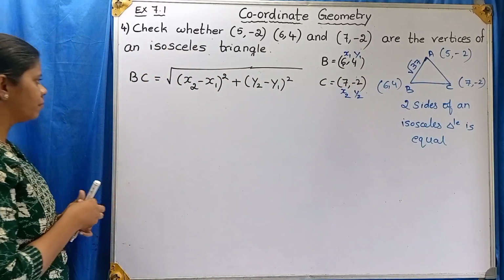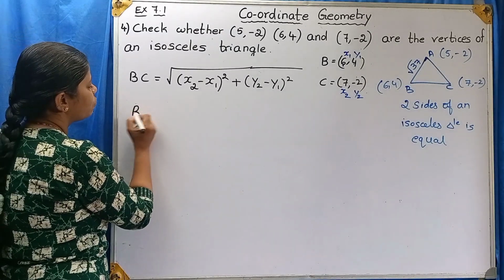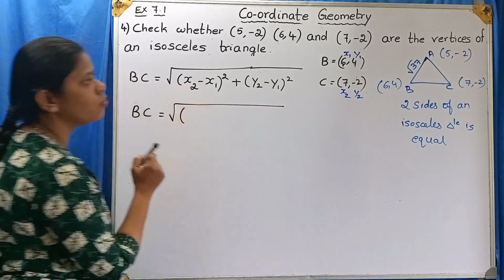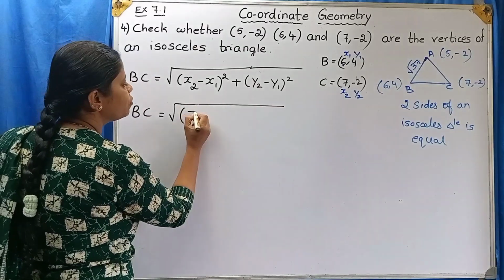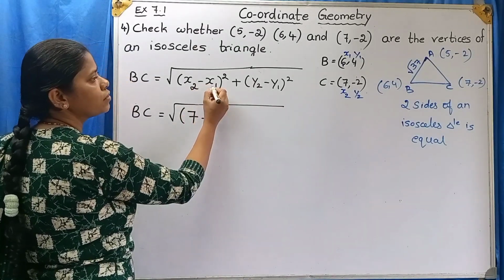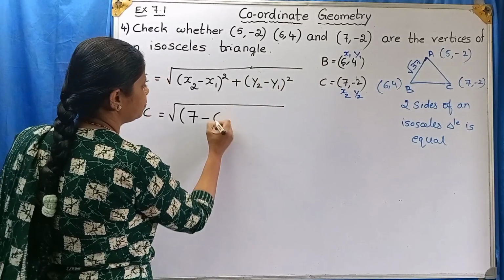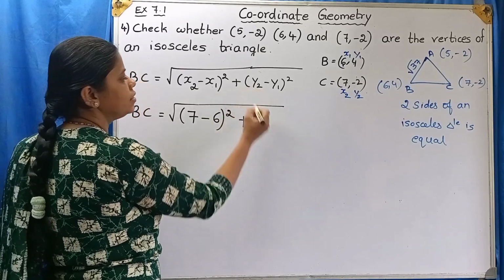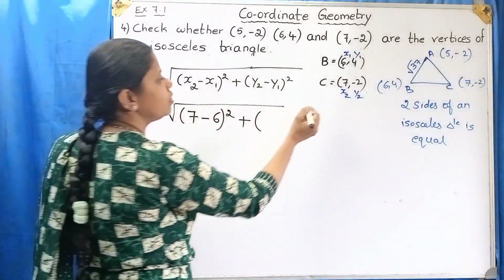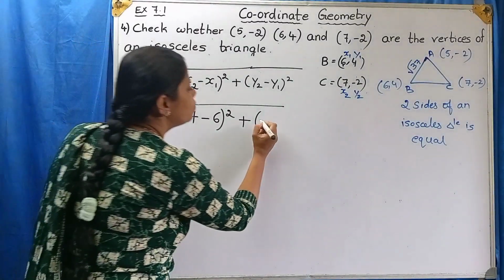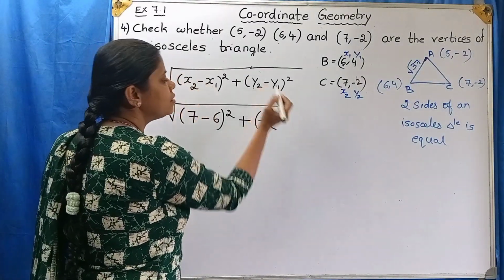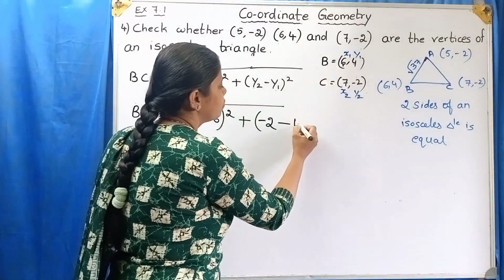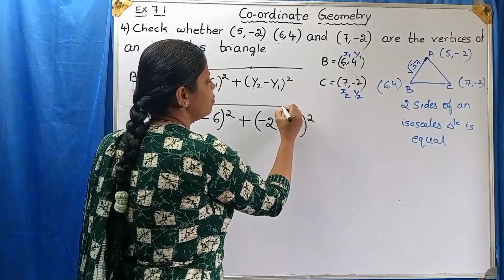BC is equal to the square root of (7 minus 6) the whole square plus (minus 2 minus 4) the whole square.